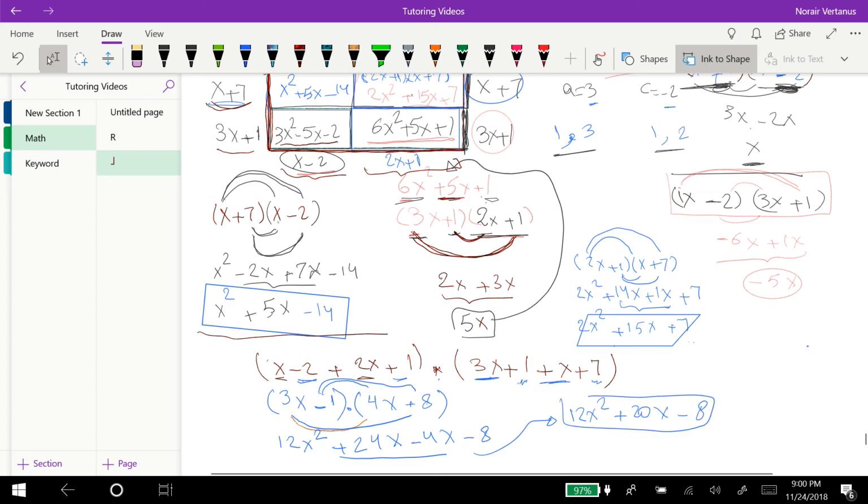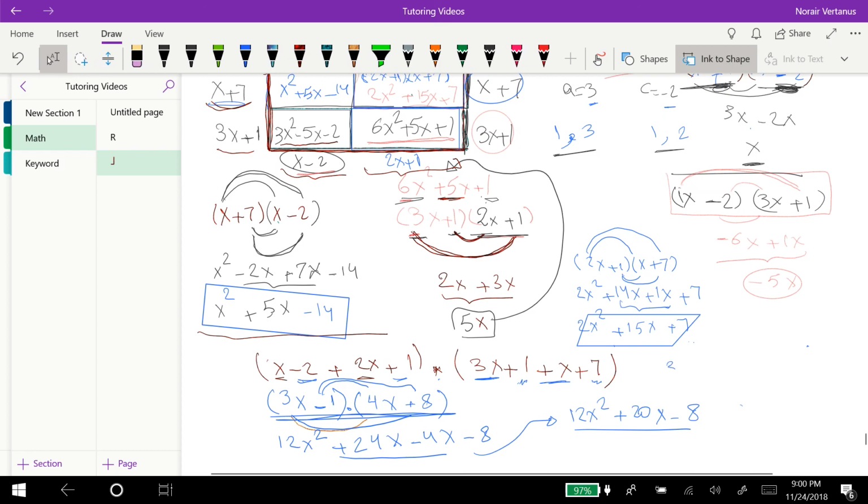That's in sum form. 12x squared plus 20x minus 8. That's in sum form. And this was in product form. So that's the sum form, and that's the product form.